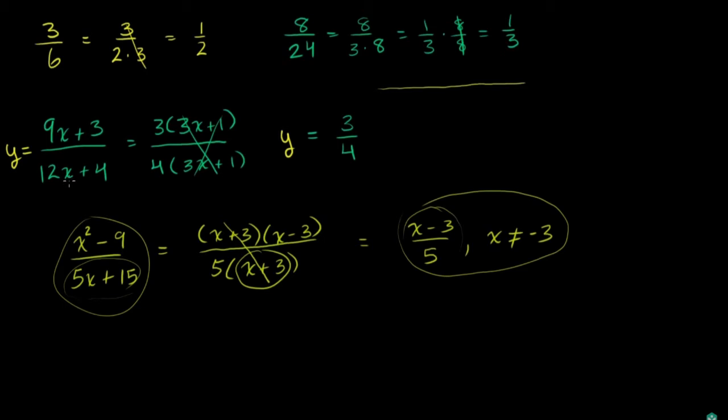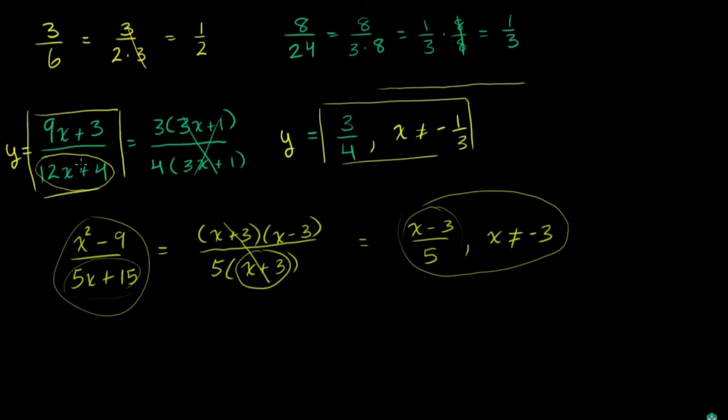We have to exclude the x values that would have made this thing right here equal to 0. And that would have been 0 if x is equal to negative 1/3. If x is equal to negative 1/3, this denominator would be equal to 0. So even over here, we'd have to say x cannot be equal to negative 1/3. That condition is what really makes this equal to that.